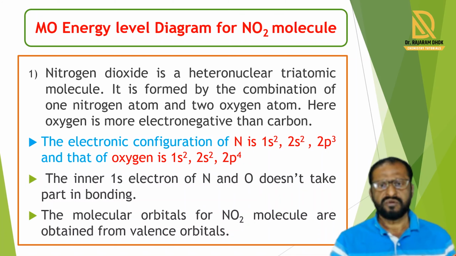So in both the nitrogen and oxygen atoms, the 1s electrons do not take part in the bond formation and remain as non-bonding. The molecular orbital diagram for NO2 molecule is obtained from the valence electrons of nitrogen and oxygen only.